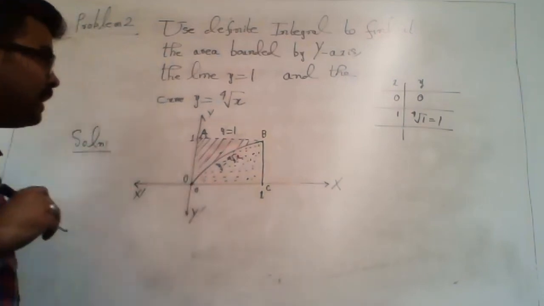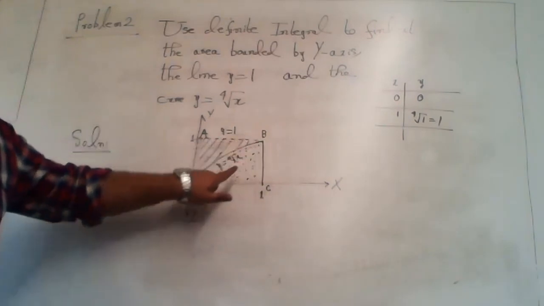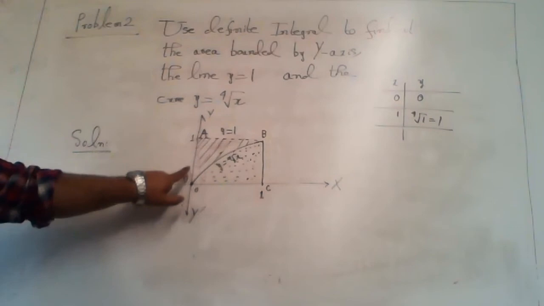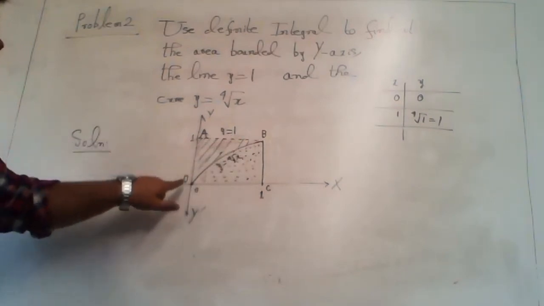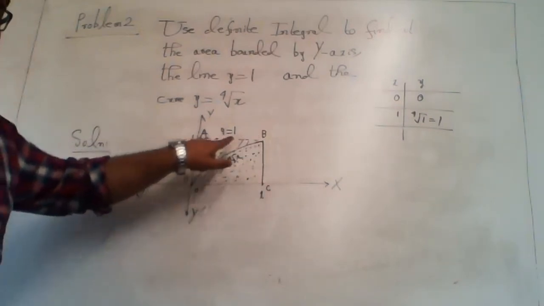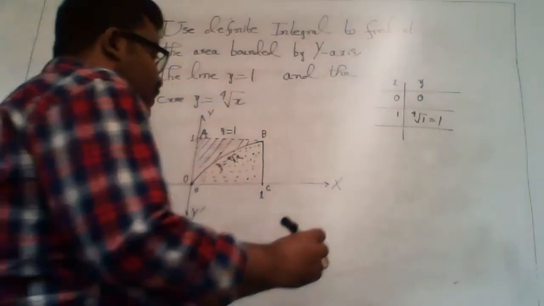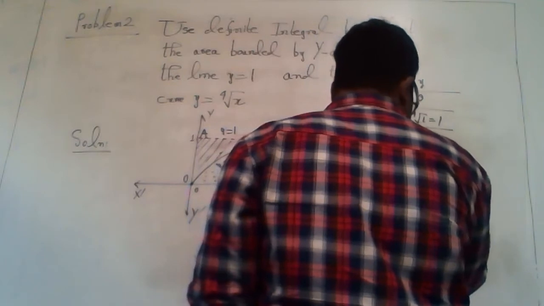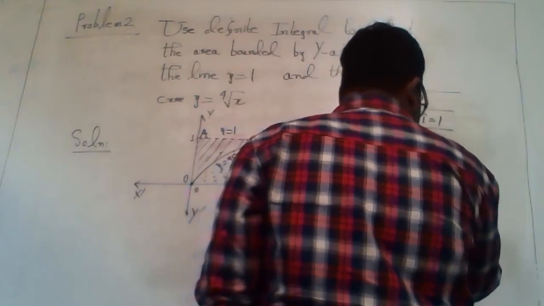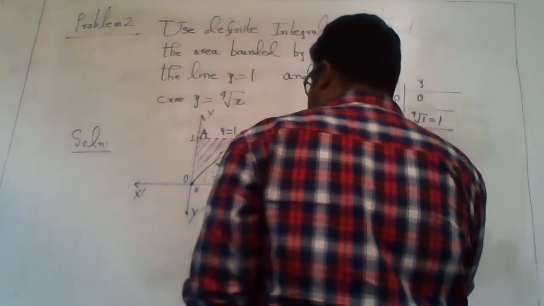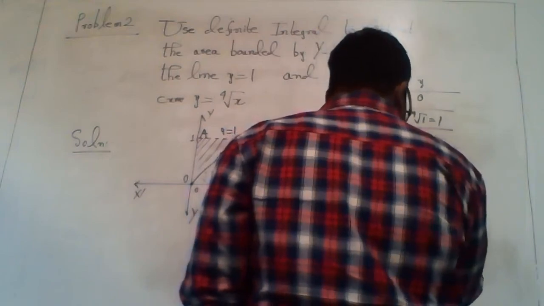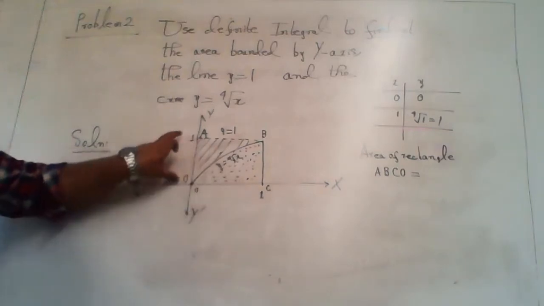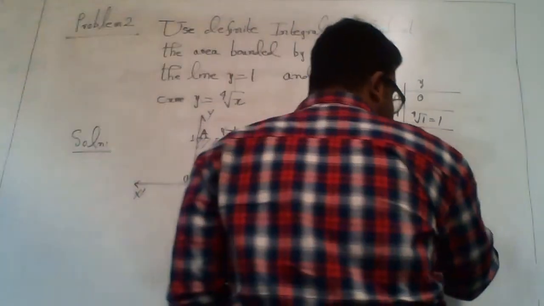So in this whole rectangle, the area of the segment ABO plus the area of OBC together gives you the area of the rectangle. Now the area of rectangle ABCO will be equal to, here the length is 1 and the width is also 1. So 1 times 1 is 1.